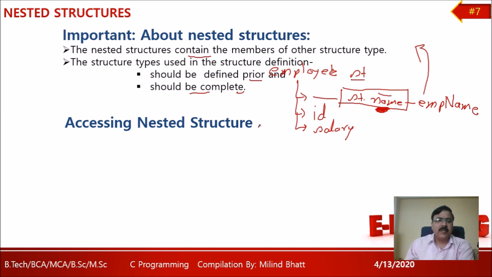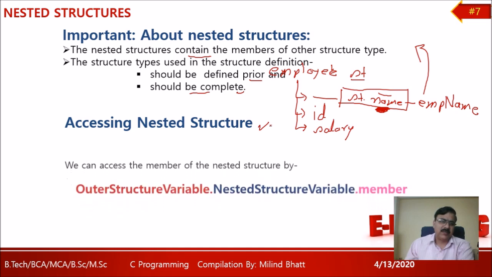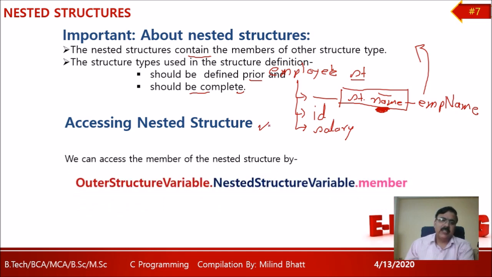It is represented in the next topic, accessing nested structures. We can access the member of the nested structures by outer structure variable dot nested structure variable dot member. In this particular sequence, I can access individual members. What it means? It means that I have employee 1.